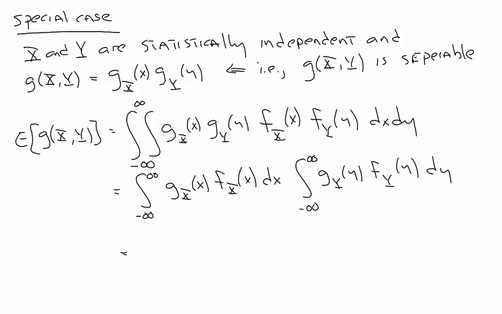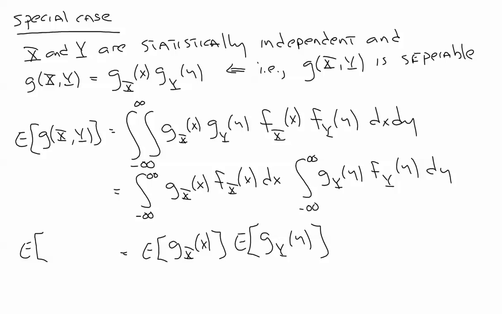And then this is simply the expected value of g sub x times the expected value of g sub y. All right? So this is a special case, but it's kind of an interesting special case that we will come back to from time to time today.